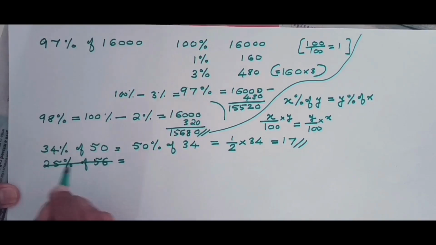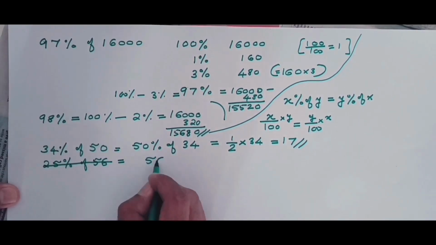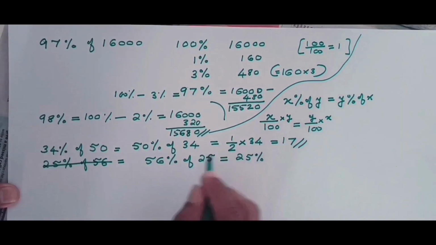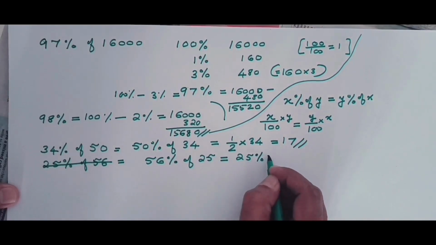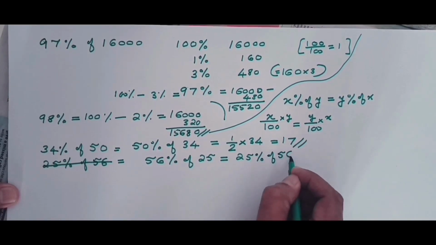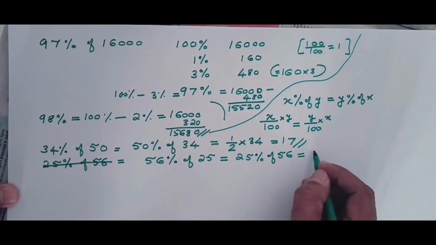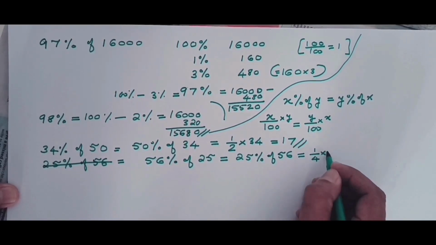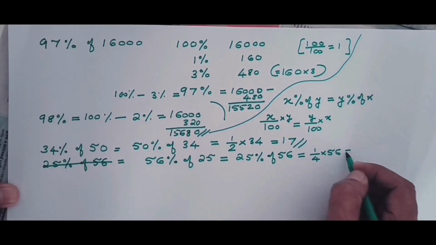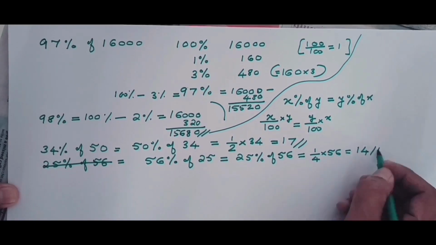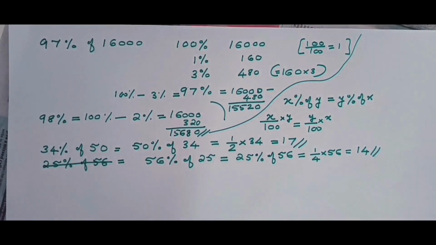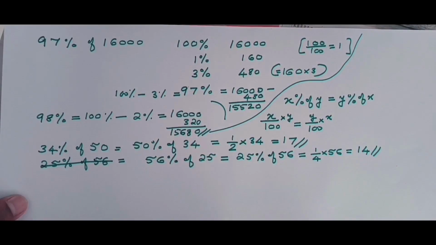This is not what I meant. Let's find out 56% of 25. See, when you see 56% of 25, it looks a bit complicated. You invert it, you get 25% of 56. And 25% is 1/4 of 56. This you can easily simplify. 14. This is the inversion technique used in percentage calculations.